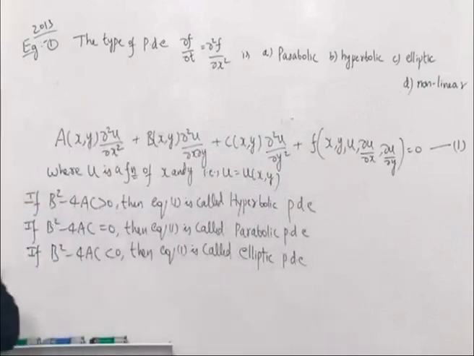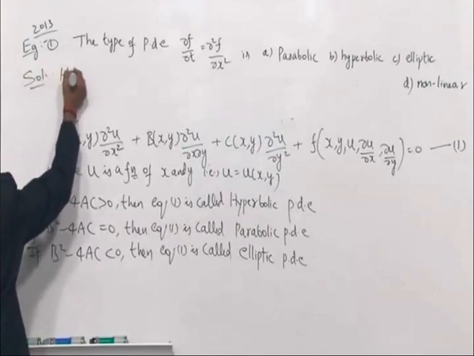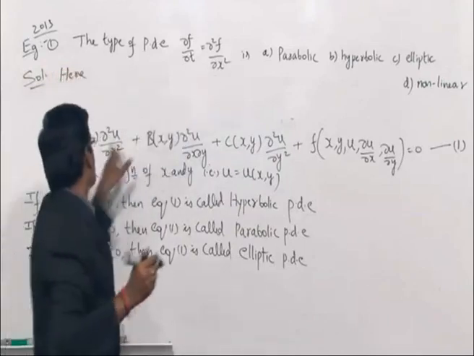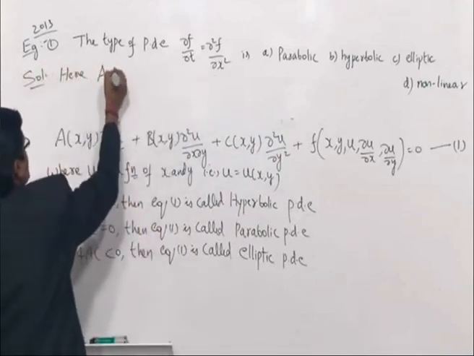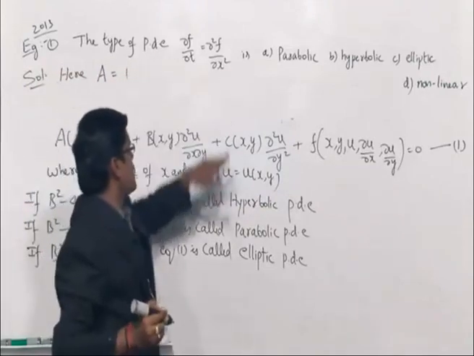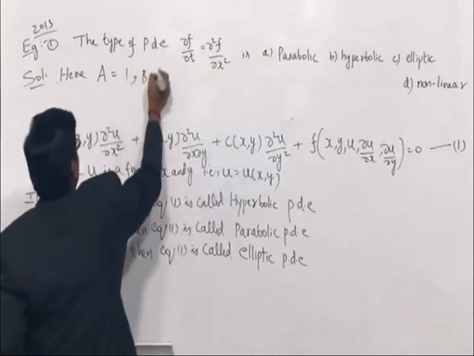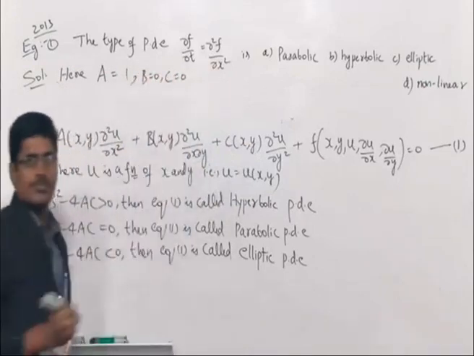Just compare with the standard form. Here, if you consider this is the first derivative, A is equal to how much? 1. Bring all the terms to one side. So there is no other second derivative. B is equal to 0, C is equal to 0.